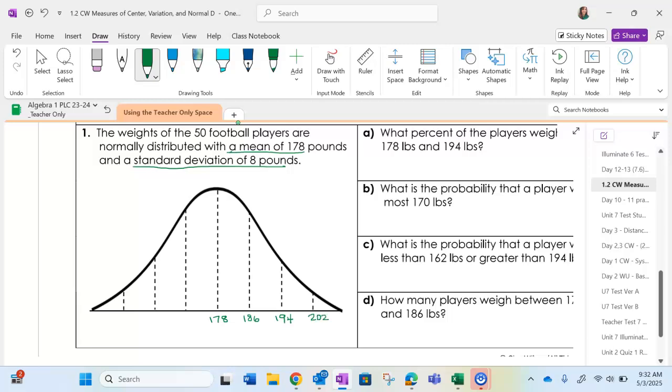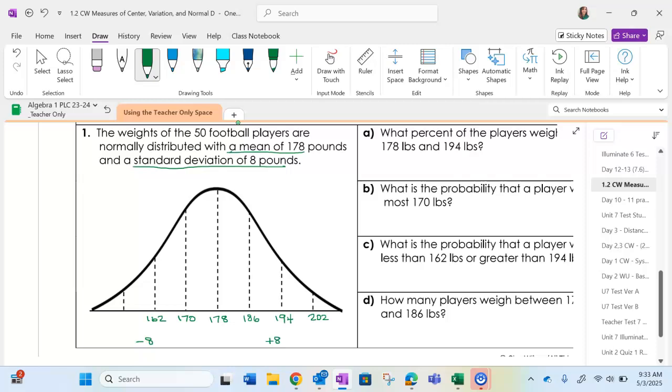Now, to do the numbers this side of the mean, we are going to subtract 8. So we added 8 on this side. We are subtracting 8 on this side. So 178 minus 8 is 170. 170 minus 8 is 162.